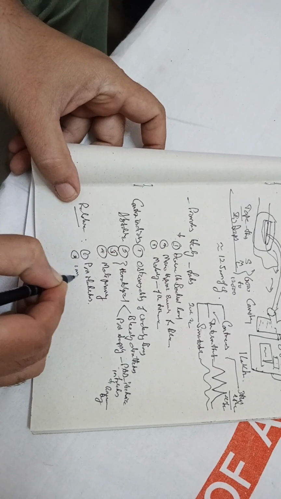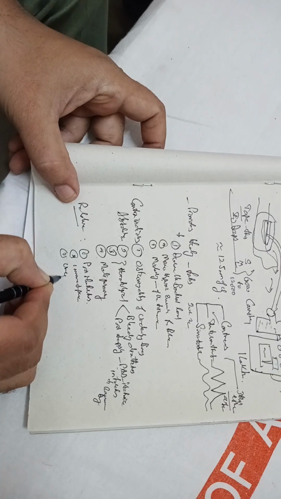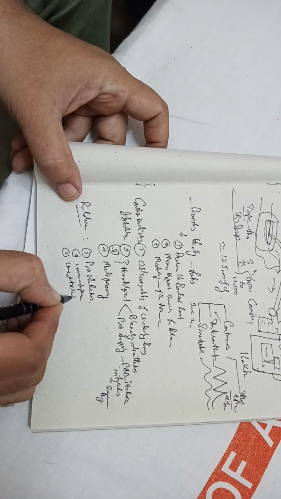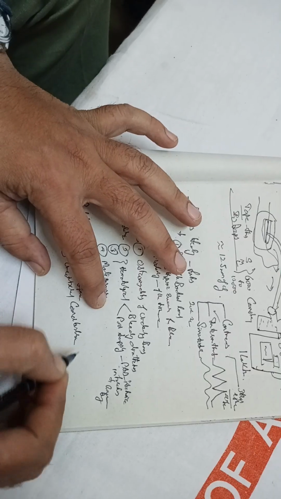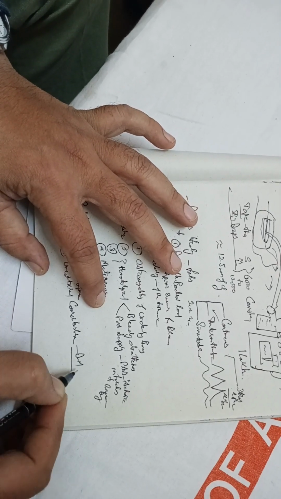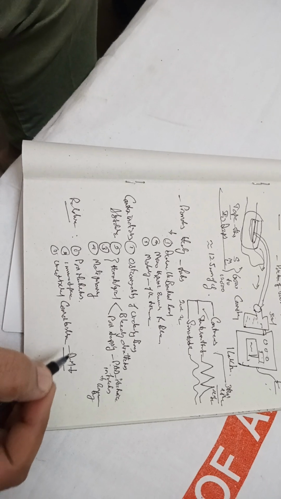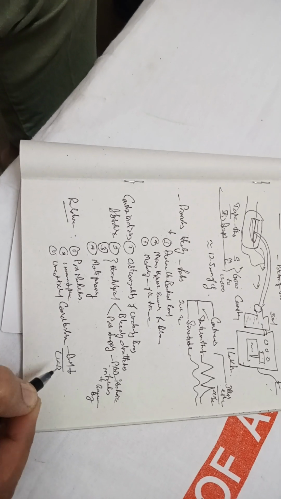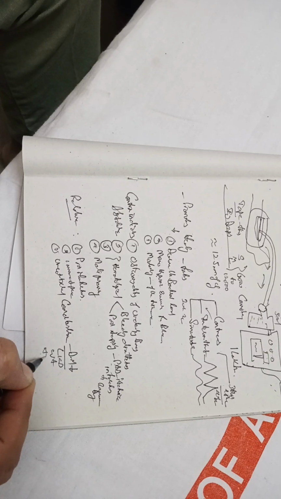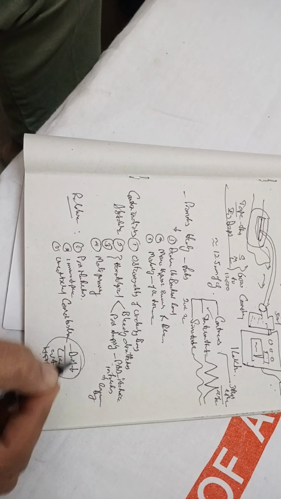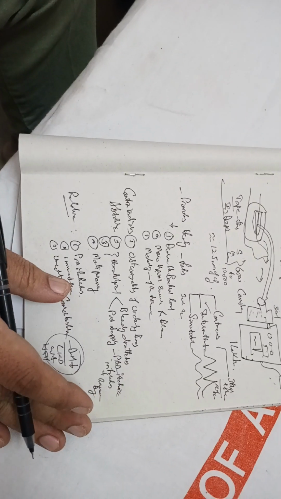And then immunosuppression, and uncontrolled comorbidities. If your diabetes is there and you are not able to control it, how will it heal? If your CKD is there, if CVA is there, if HTN is there, and these are all not controlled, this will not heal. So these are the relative contraindications.